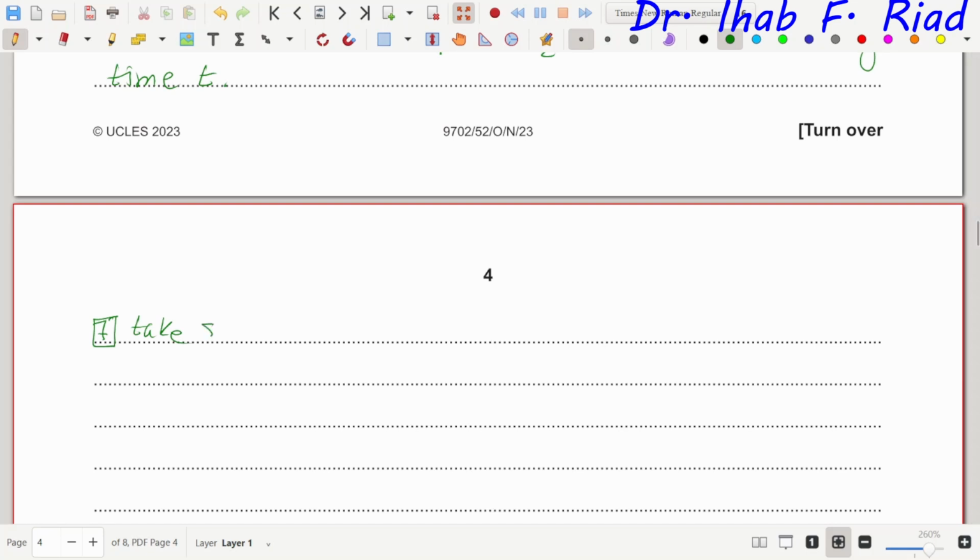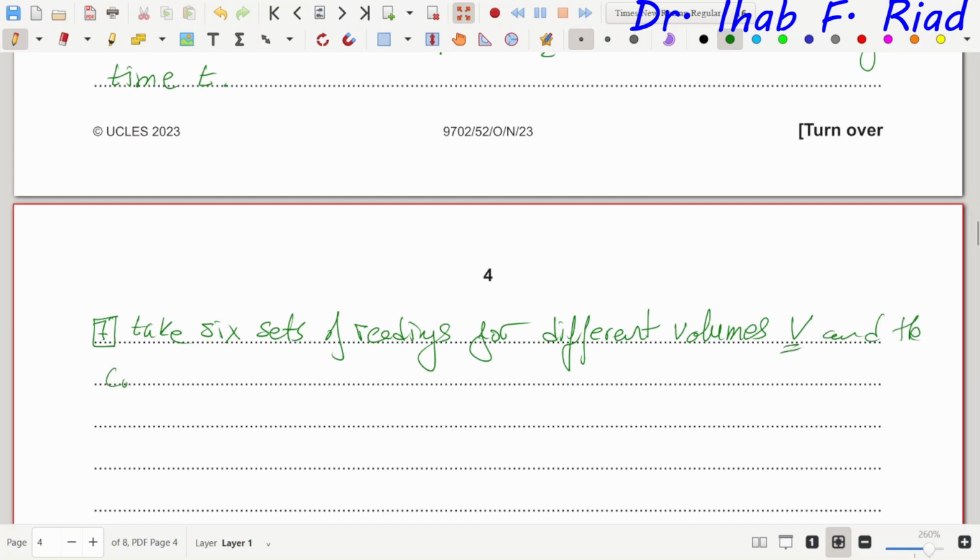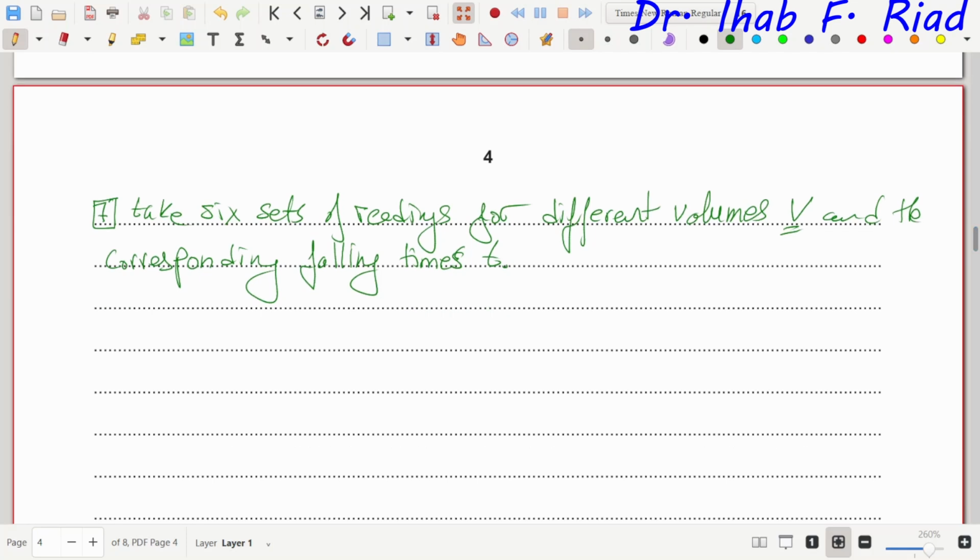Take 6 sets of readings for different volumes V and their corresponding falling times T. Tabulate your findings in the table below.